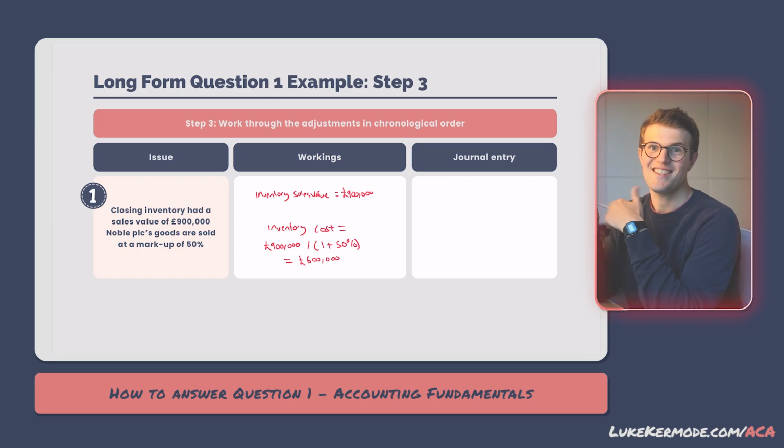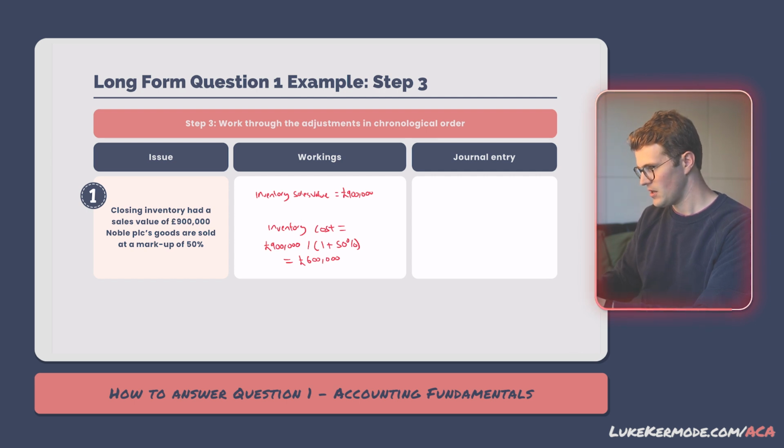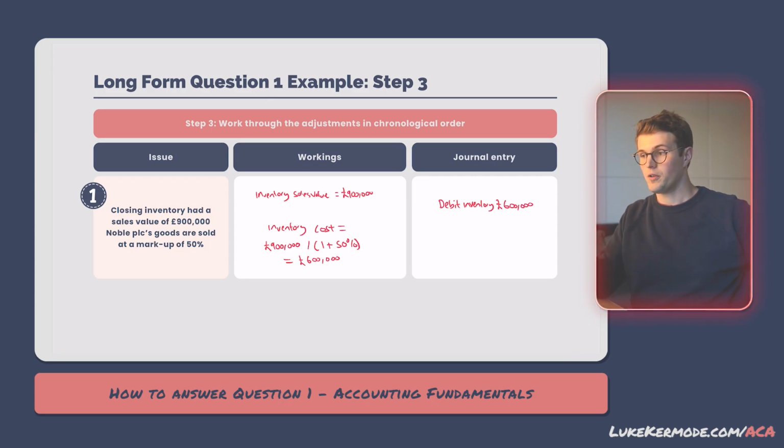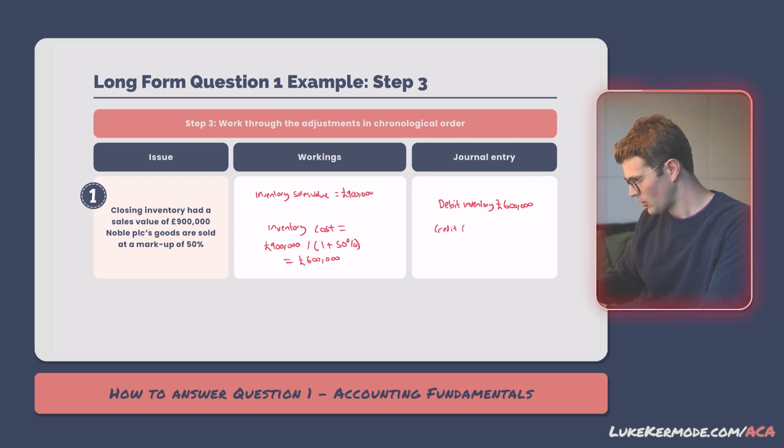Now, we need to determine the journal entry which records that closing inventory. So to record closing inventory, we debit inventory by £600,000 because we need to record inventory as an asset on the balance sheet, but we also need to credit cost of sales by the same amount.